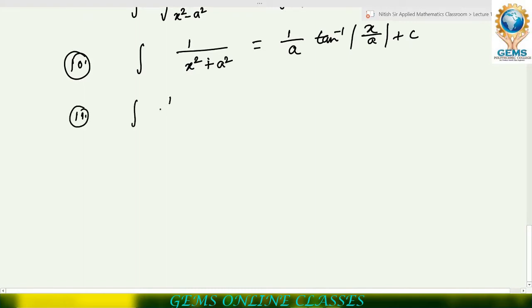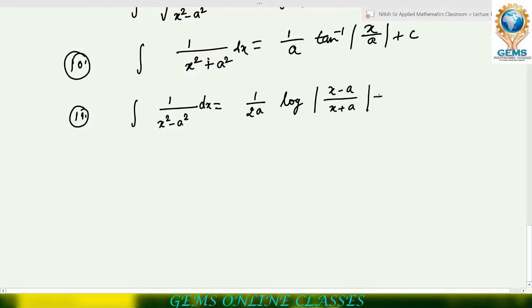Integration of 1 upon x square minus a square dx equal to 1 upon 2a log (x minus a) upon (x plus a) plus c.